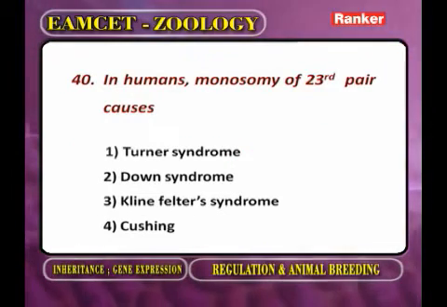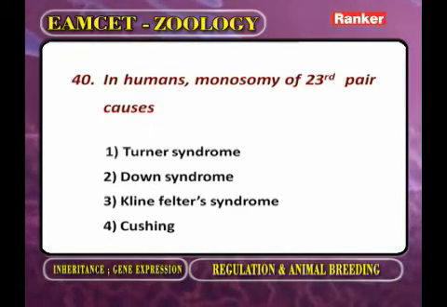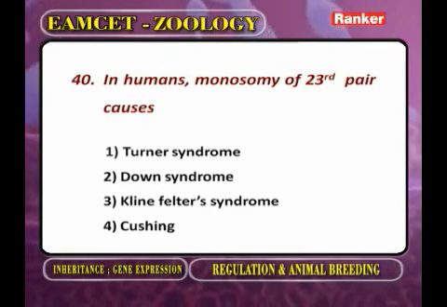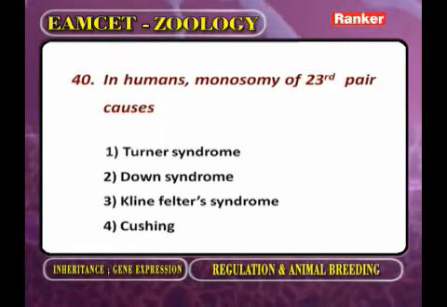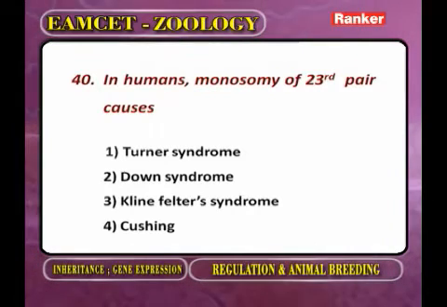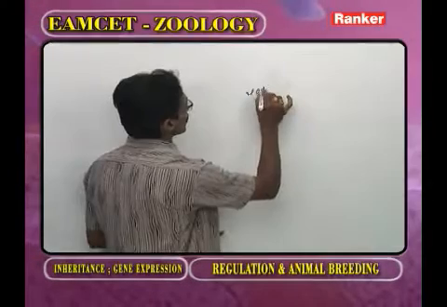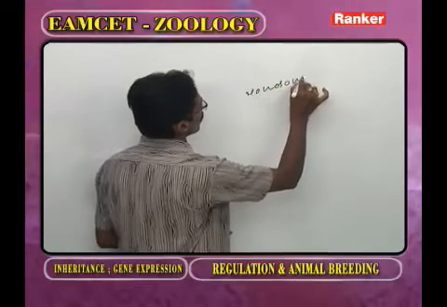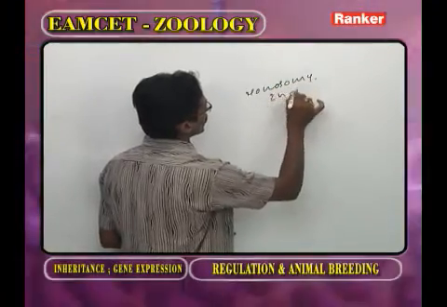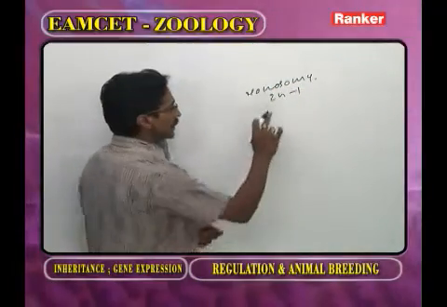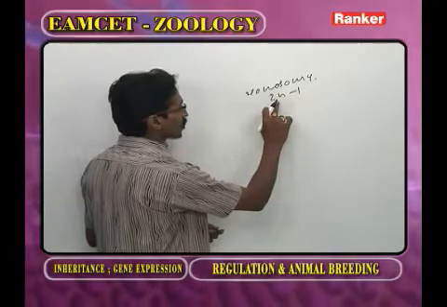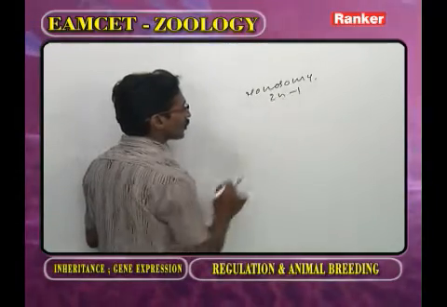Next question. In human beings, the monosomy of the 23rd pair of chromosomes causes. Now what is meant by monosomy? That is 2n-1. From the diploid chromosomes, we remove one chromosome.